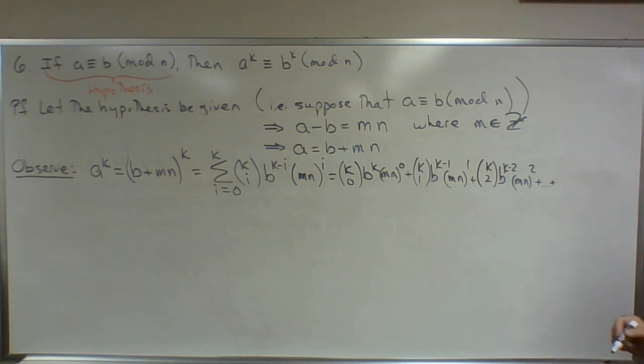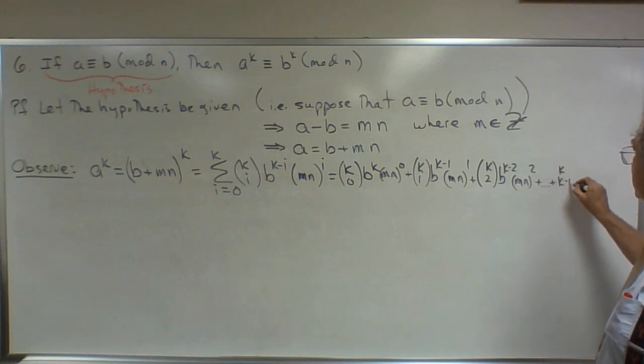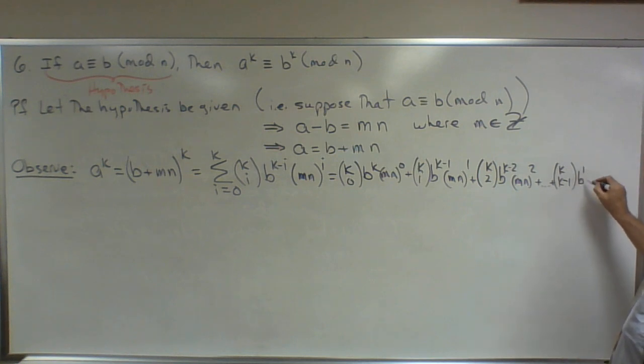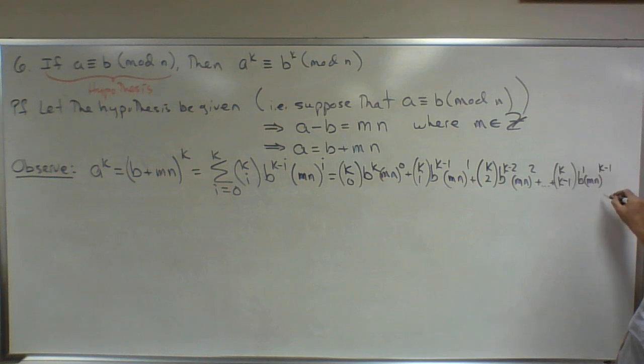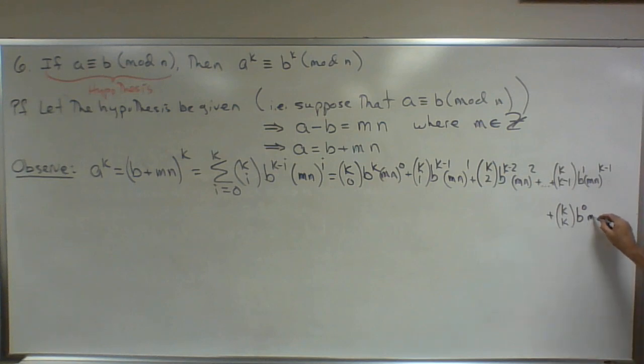When i is equal to k minus 1, I have k choose k minus 1, b to the first, mn to the k minus 1. And the last term, k choose k, b to the 0, mn to the k.